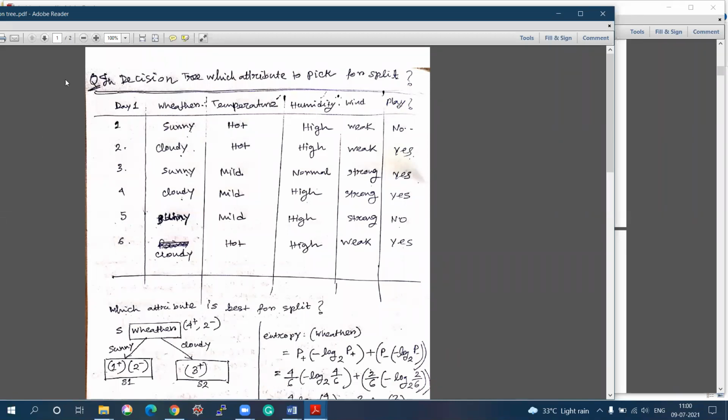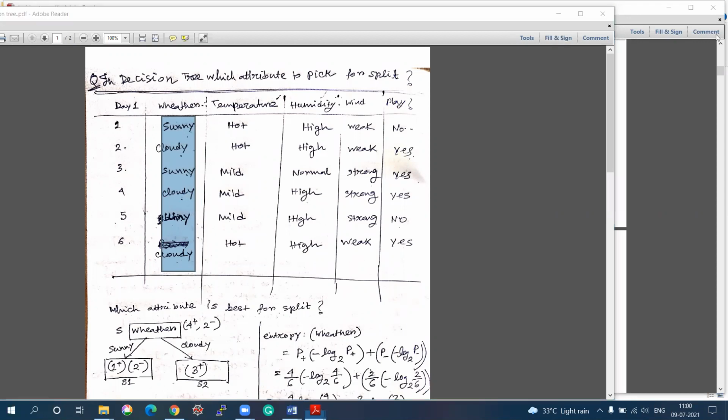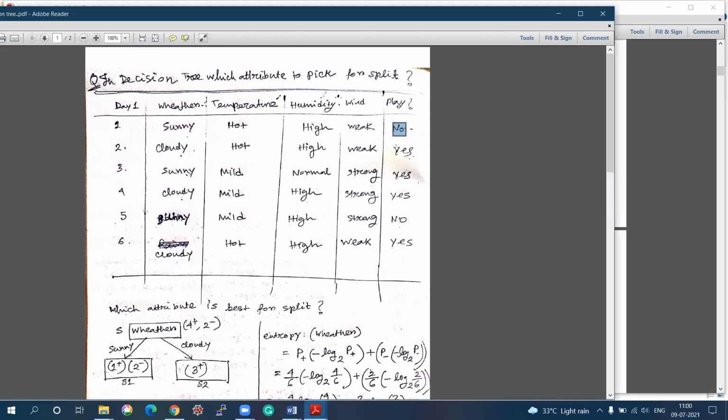For the variation of the weather, what are the class labels we are getting here? No, yes, yes, yes, no, no. So how many positive, or yes, values are we getting for weather?